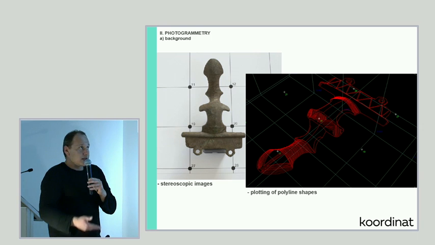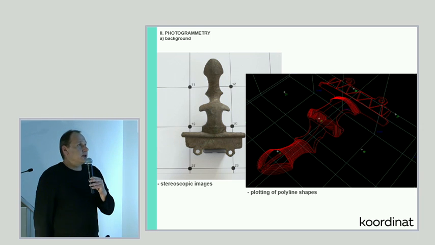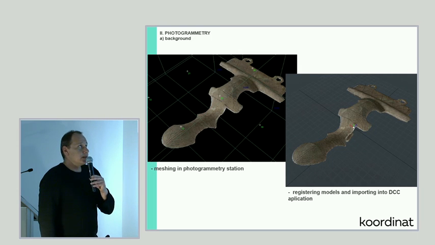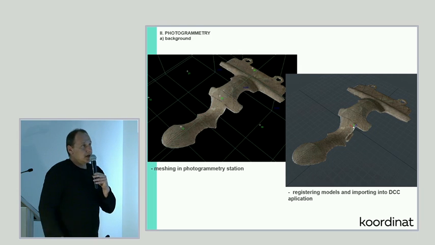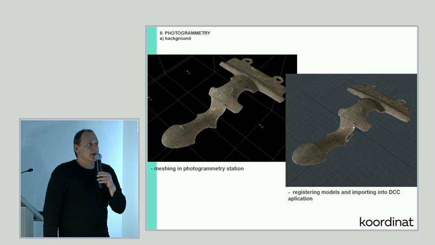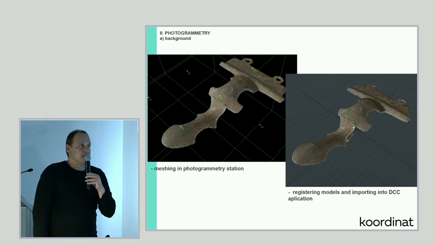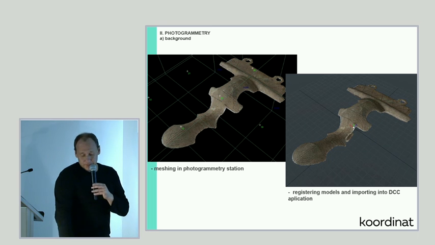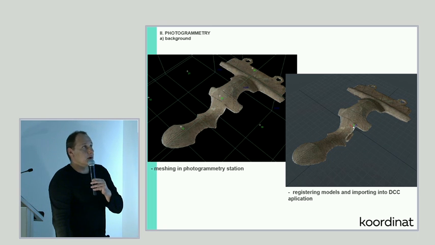So we do the same thing. We create a set of pictures, a network of polylines, and then create the 3D surfaces. All depends here on the quality of the lenses, the quality of the camera, the size of the sensor that the camera has, and the number of pictures.